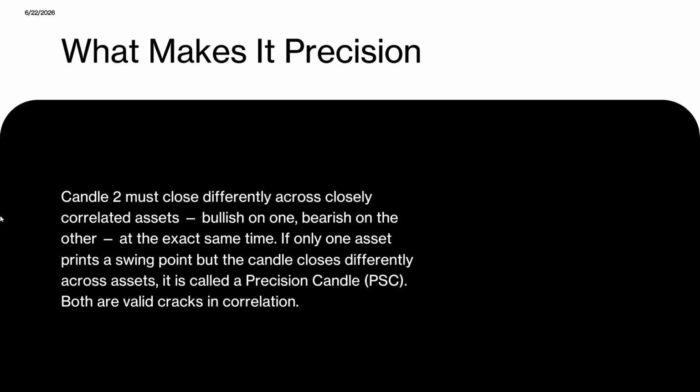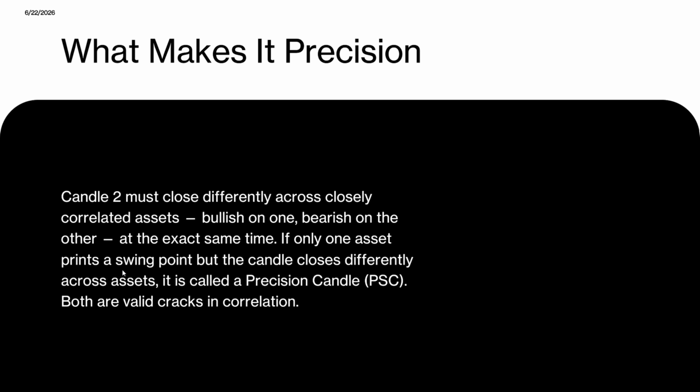What makes it precision? Candle 2 must close differently across correlated assets. Let's say for ES, the S&P 500, it's Nasdaq and Dow Jones, for example. Bullish on one, bearish on the other, at the exact same time.